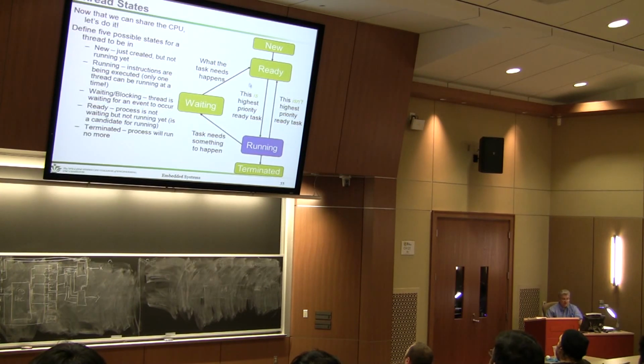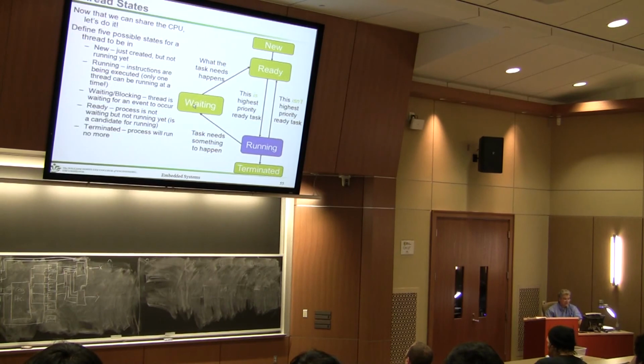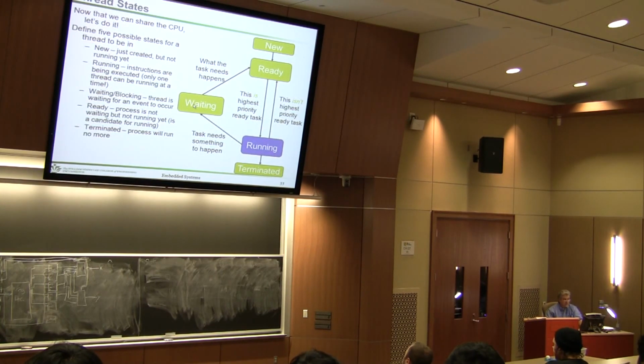Now at some time, a thread that is running will need some sort of resource. Maybe it's waiting for the hard drive or data from the hard drive. So the operating system will move it from the running state to the waiting for a resource state. And when a resource is available and that data is made available to the thread, then it becomes ready to run again.